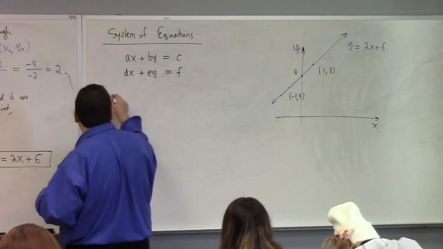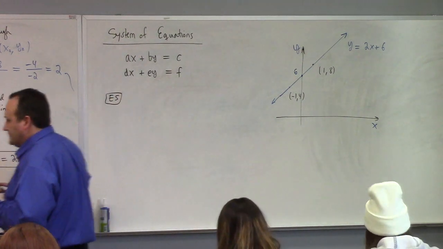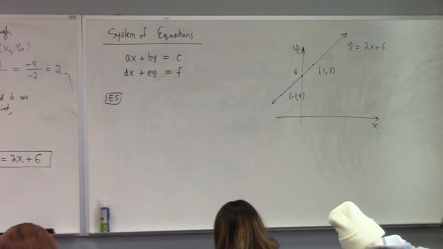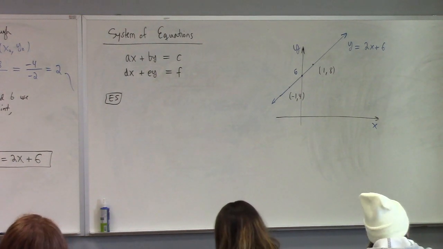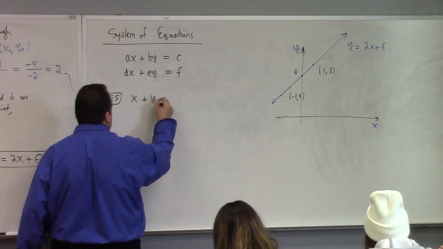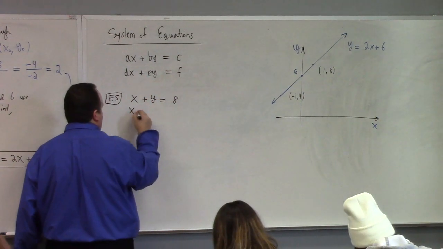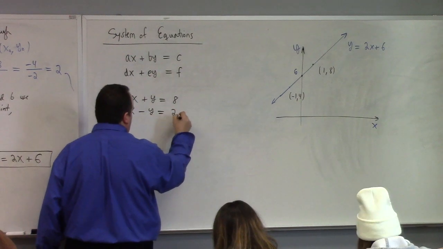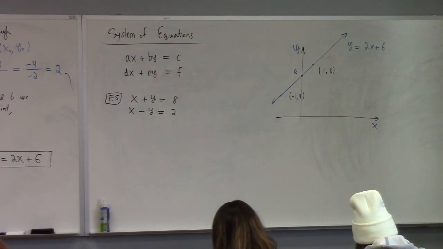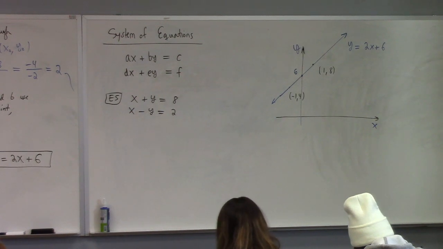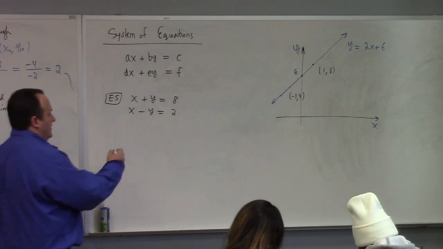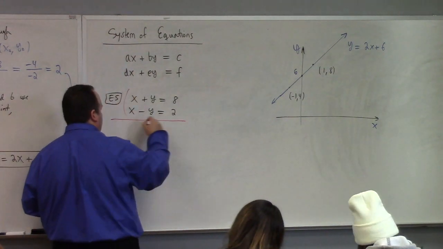Let's see here. So like example 5. I think we probably have time for just one. I'll do a really simple one. If I have x plus y equals 8, and x minus y equals 2, the simplest way to solve these kinds of equations is what's called elimination. You can actually add equations. Check this out. I take the two equations, and I add them.